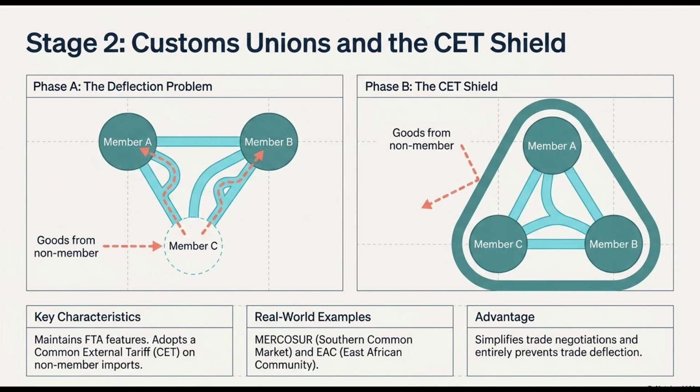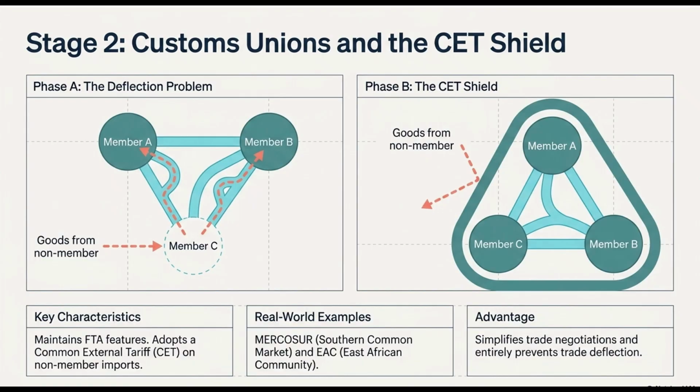So for example, India, USA, China, and Nepal are in a free trade agreement. Okay, so all these member countries will impose the exact same tariff on a product imported from Japan. Got it? So you can see member A, member B. Member C is a non-member, so goods from the non-member face the same tariff.